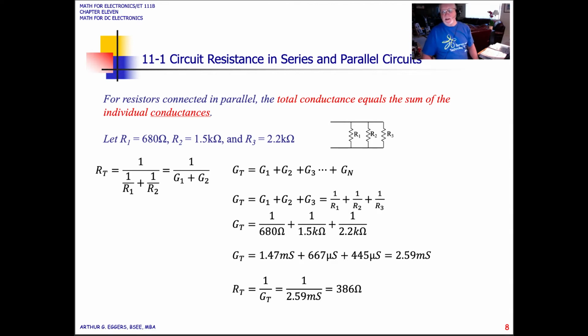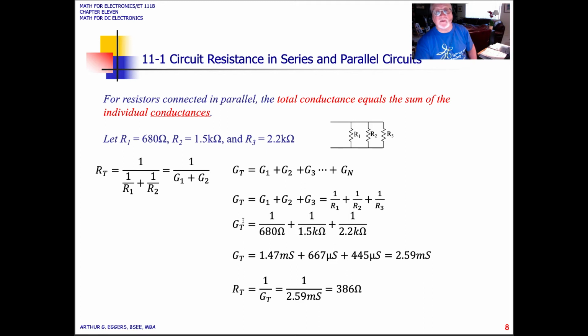So in this case, we have three resistors connected in parallel, 1, 2, and 3. If we can convert the values of the resistance, R1, R2, and R3, into a conductance, we can merely add those values together.